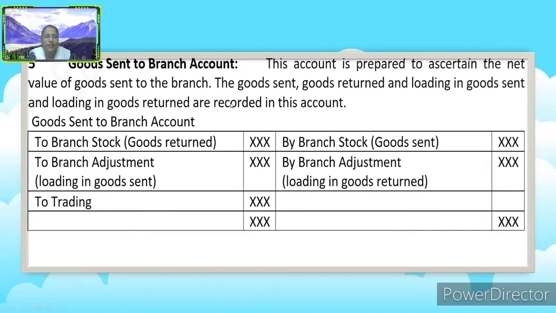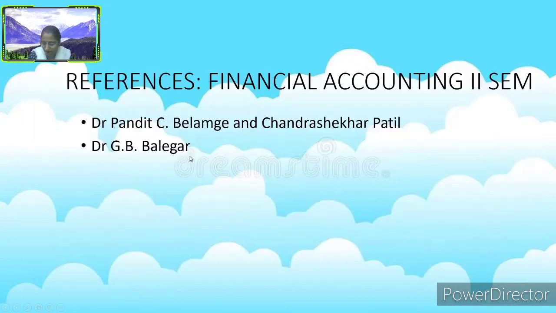These are the various items: to branch stock, goods returned; to branch adjustment account, loading in goods sent; then by branch account, goods sent; by branch adjustment, loading in goods returned. Here we will take the balance to the trading account. In this way, we have to prepare the goods sent to branch account, the fifth most important account under the stock and debtors system.